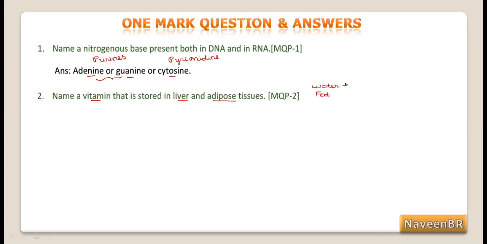Water soluble vitamins are vitamin B complex and vitamin C. Fat soluble vitamins are A, D, E, K. Here, it is the liver and adipose tissue, which deposit fats. Hence, the fat soluble vitamins are going to be stored in liver and adipose tissue.